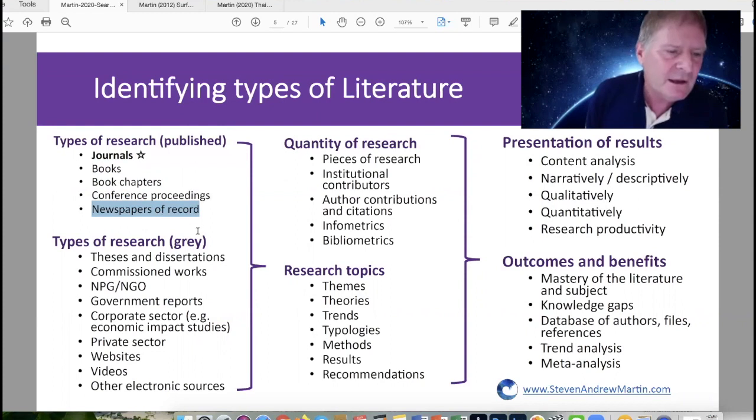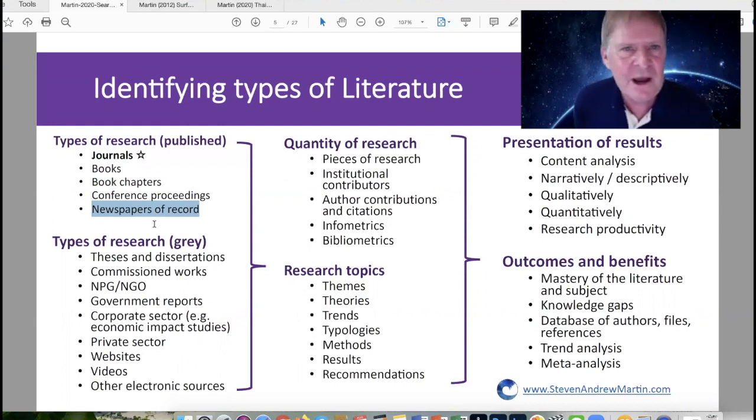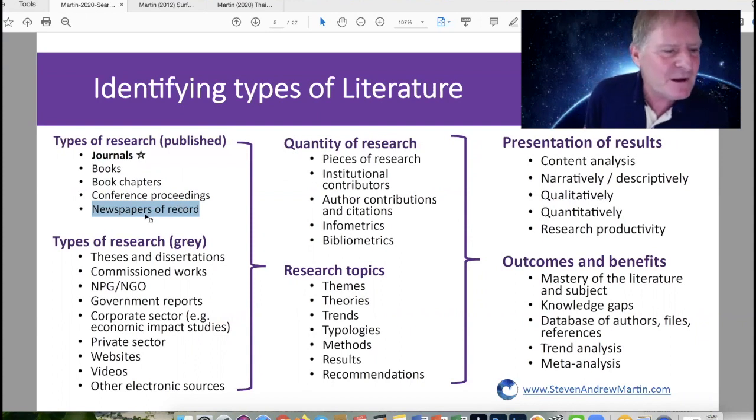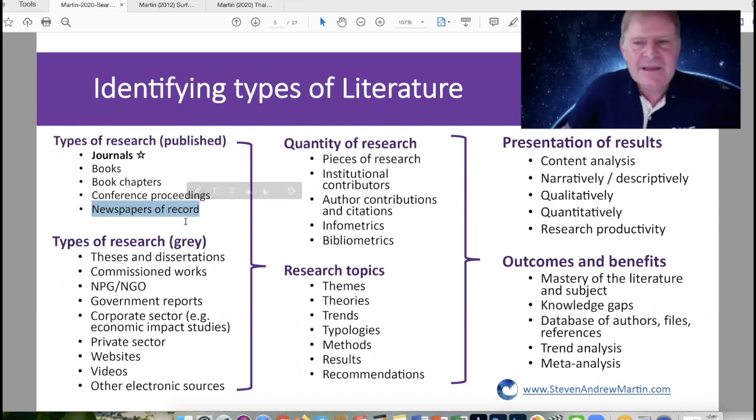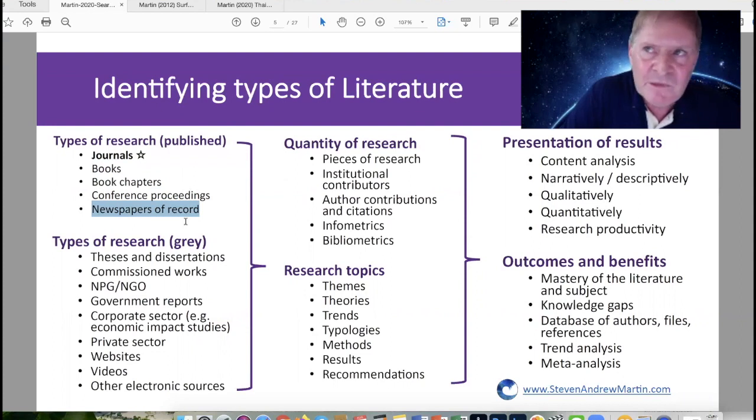This is okay. Newspapers of record. John Kisine, have you heard of this one before? Newspapers of record? No. These are newspapers that keep their records, right? Like the New York Times or the Washington Post, possibly even, I'm trying to think in Thailand, what's number one?